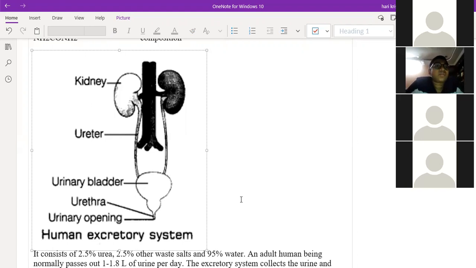What is the role of the kidney in our body? Yes, sir. The kidney removes the unwanted urea in our body. The kidney helps in removing unwanted urea from our body.